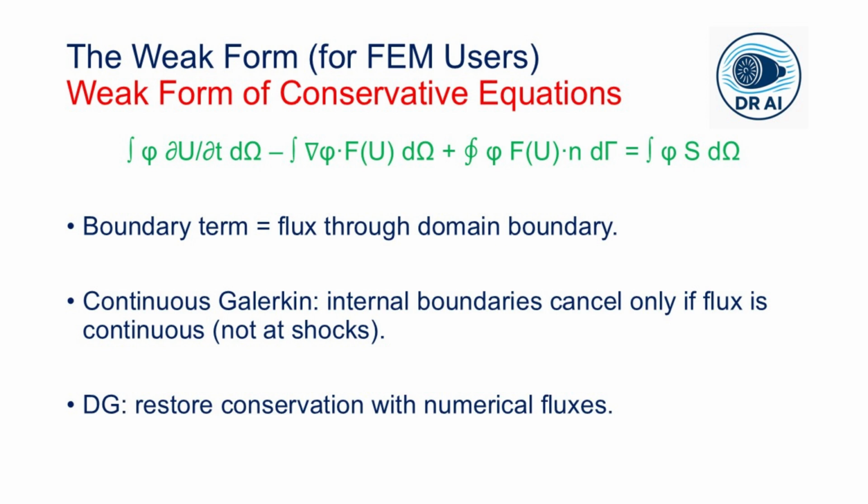DG is essentially a hybrid of finite volume and finite element. It gives high order accuracy and conservation, making it very powerful for compressible flows with shocks. So if you are working with the finite element method, remember, for conservation, think of the discontinuous Galerkin method rather than the continuous Galerkin method.